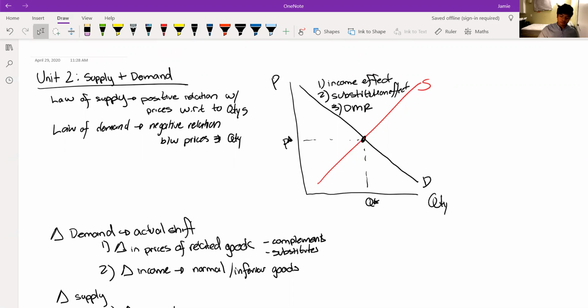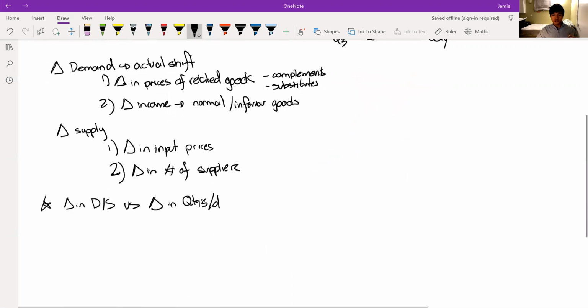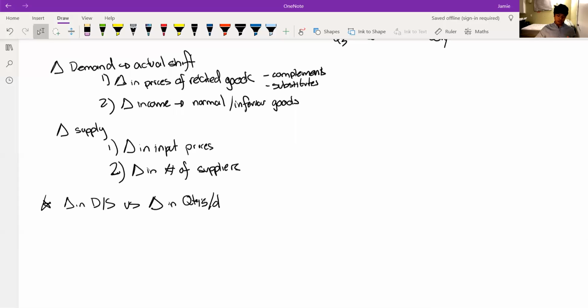For example, if the new price of chocolate is P3, that will yield a lesser quantity consumed, say Q3 units, which is a change in quantity demanded. So we move up along the demand curve. Again, changes in demand versus changes in quantity demanded or supplied.